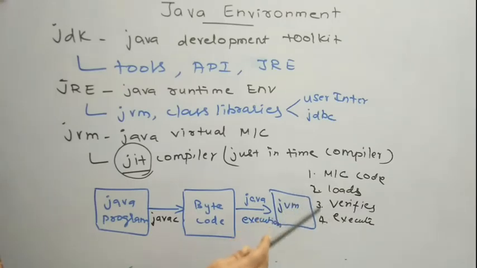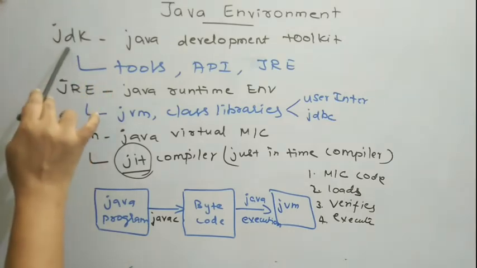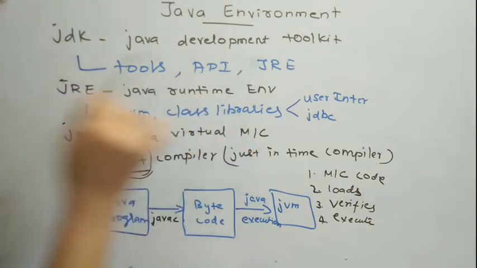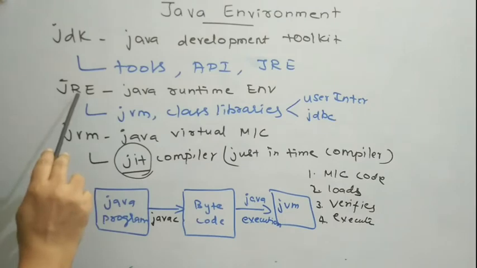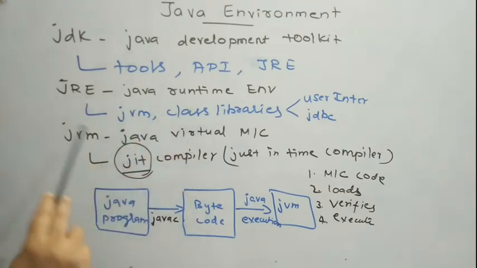Once it is correct, it loads the machine code into main memory, and then it starts executing our Java program. So these were all the software development environment provided by Oracle Corporation. It is JDK. JDK contains tools, API and JRE. JRE contains JVM and class libraries. JVM contains your just-in-time compiler.